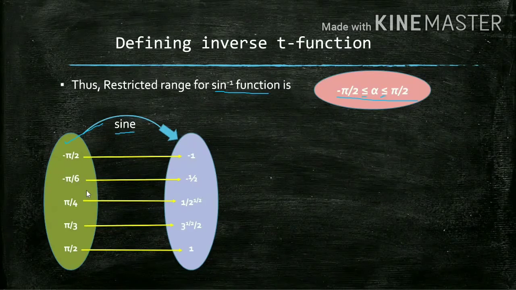Let me tell you why this is not the actual proof. Because I have chosen these 5 points only, but in this domain we have infinitely many points possible. So just showing the mapping for these 5 points is not enough. We need to find the mapping for all the infinite number of points. So we have to use a general definition.